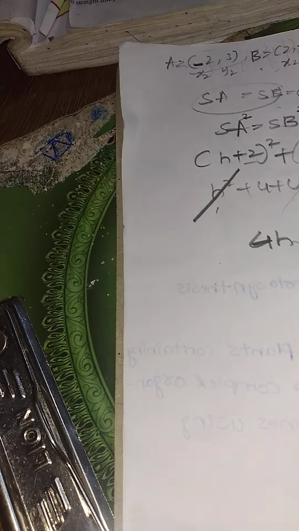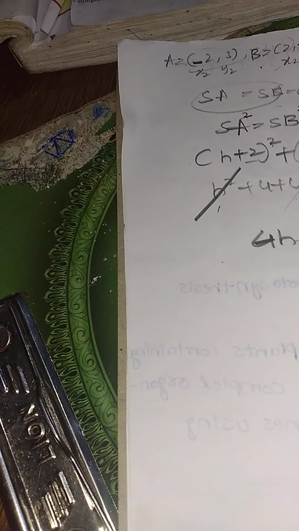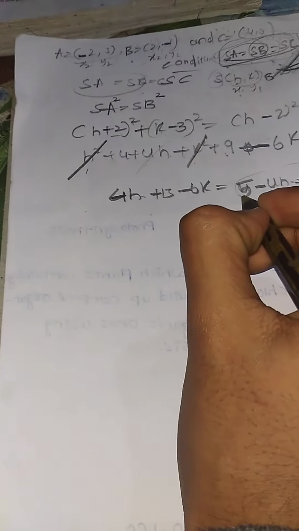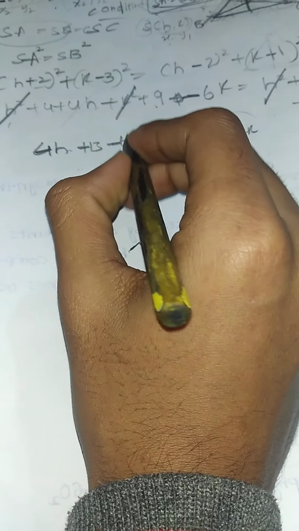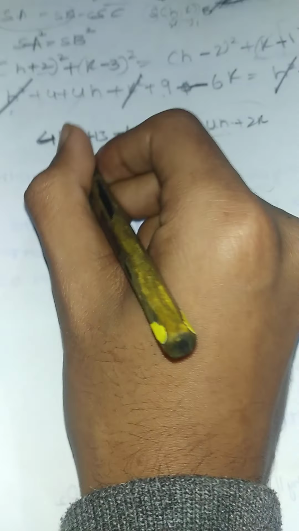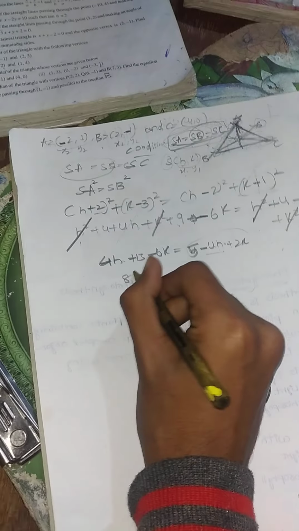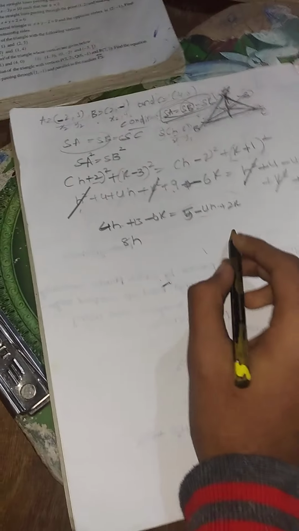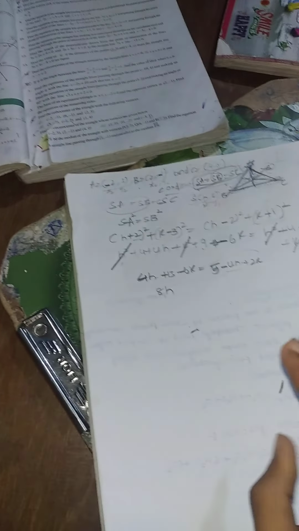I am sending this all to the RHS side, then by adding, if 4h comes this side, it will become plus 4h. That means 4h plus 4h is nothing but 8h. I am writing directly. Again, in order to understand this video, watch it two or three times. If you see this video, you may get some clarity.